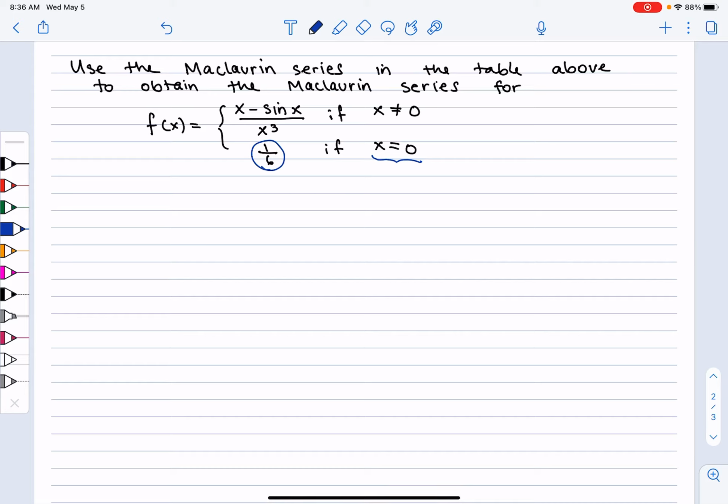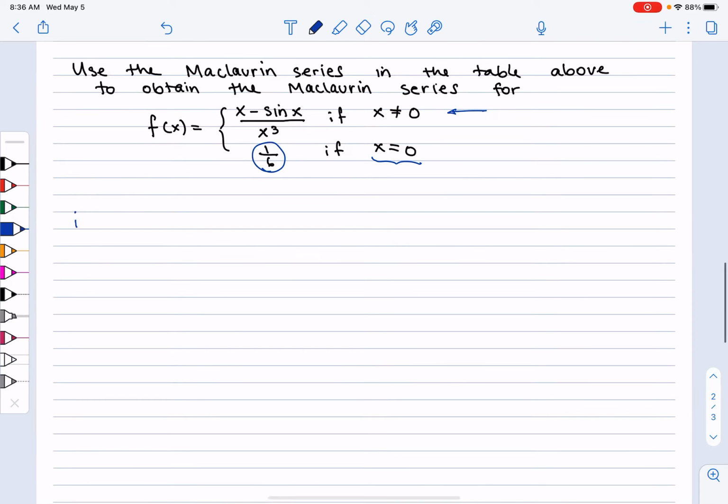But we do have to look at the first part. What happens if x is not equal to 0? So if x is not equal to 0, then f of x is equal to x minus sine of x over x to the third power.